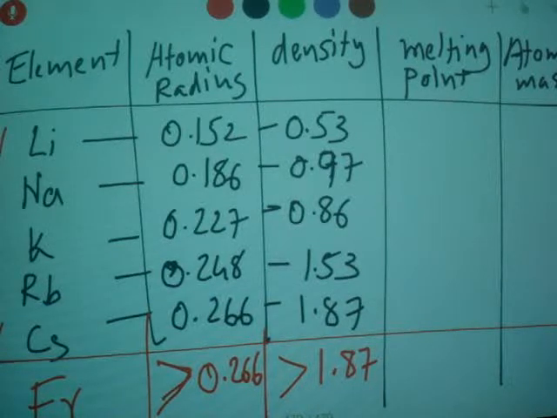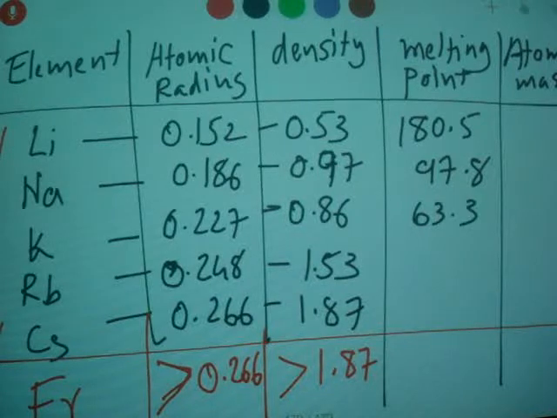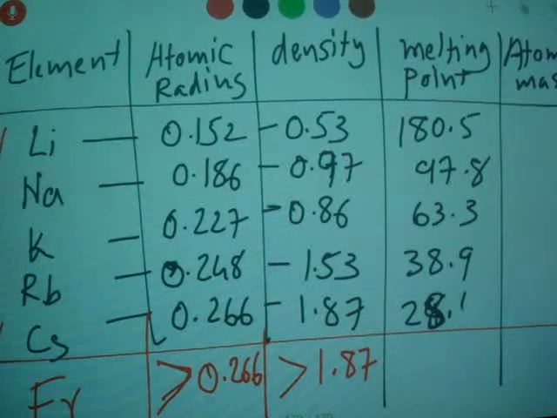Now let's say about melting point. Here I'm going to write 180.5, 97.8, 63.3, 38.9, 28.4, and that's going to be degrees Celsius. In this one we can say melting point should be the other way around, less than 28.4.